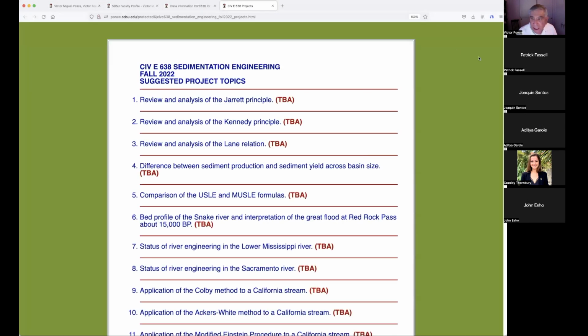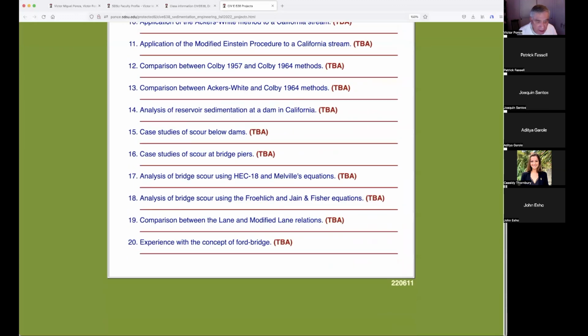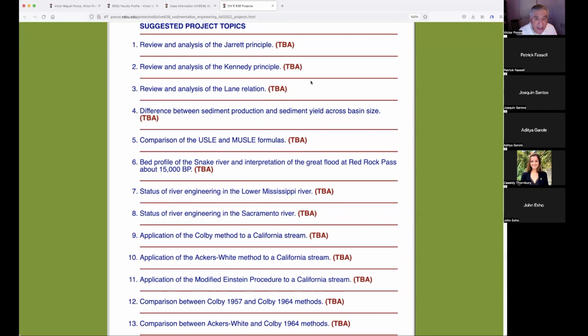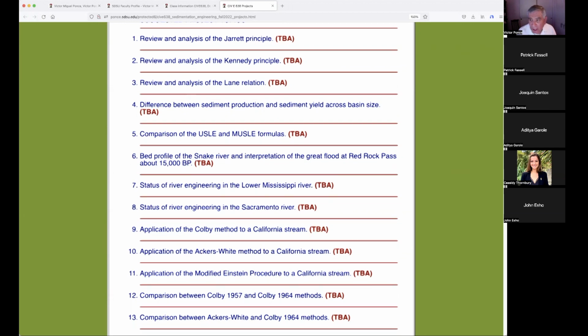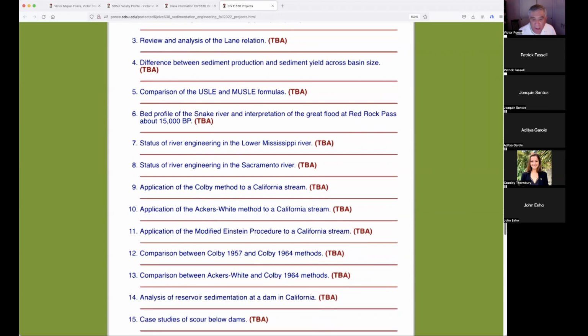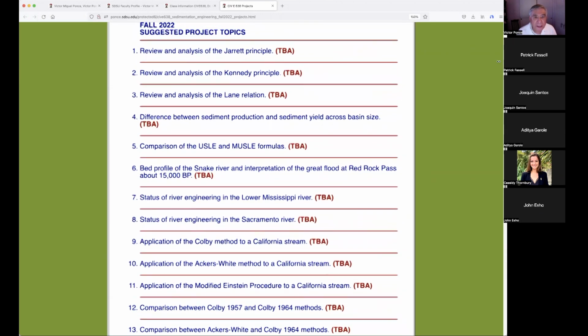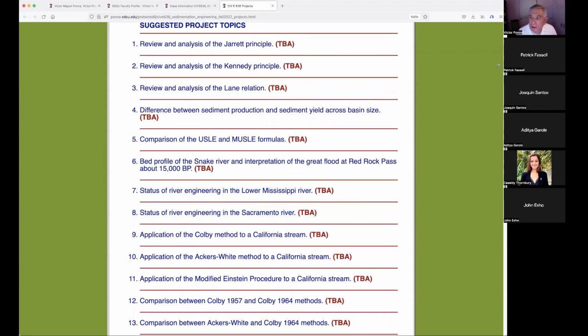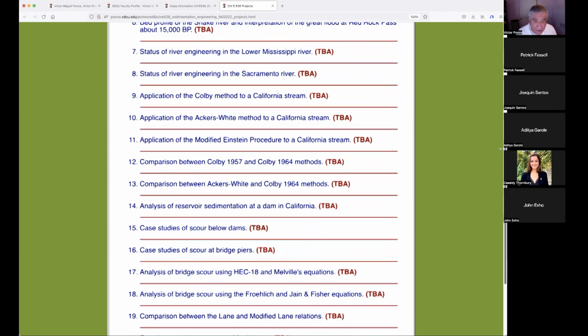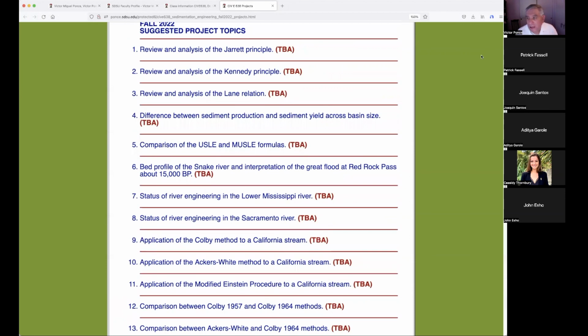The projects. These are the projects as it currently stands. Since I have 14 students, and I certainly was not expecting that number, since usually we have 8 or 10 students, what I'm going to do in the next couple of days, if you bear with me, is add a few subjects here just to make sure you have a little leeway in choosing, because as it is, we have 14 students and 20 subjects. So there's not a whole lot of room for wiggling.